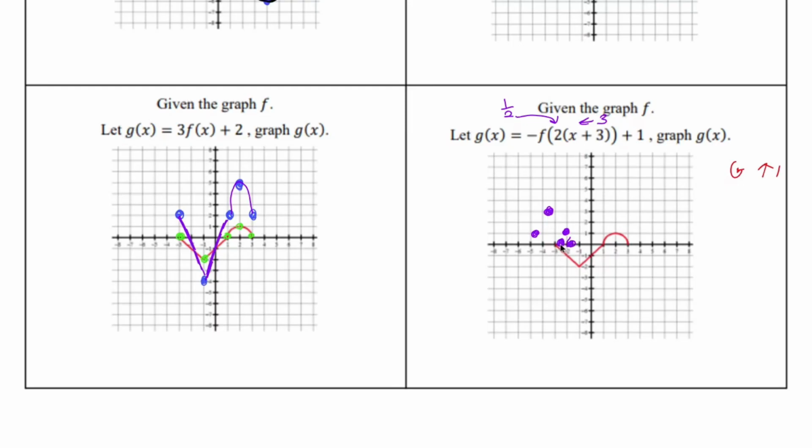Flipping this dot over the x-axis does nothing, but moving it up 1 puts me here. Flipping this dot, that one, over the x-axis moves it down, and then moves it up 1. This is terrible. And then that last one, flipping it over the x-axis does nothing, but moving it up 1 puts me there.